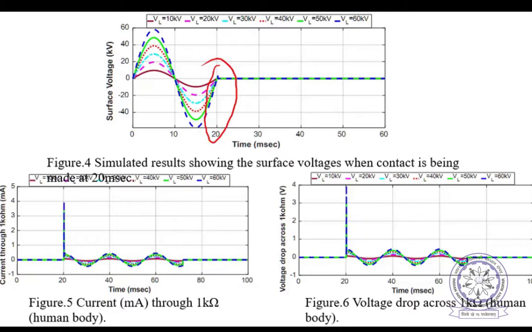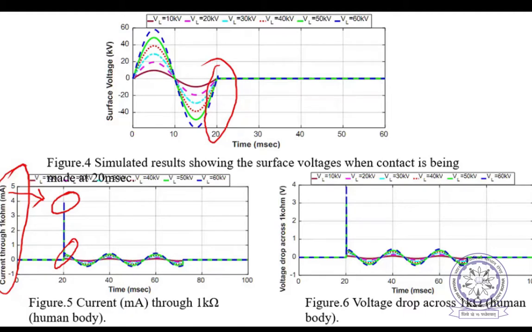When the switch is closed, you can see this is the current through that 1 kilo ohm, meaning the current through the human being. You can see the maximum is just 4 milliamperes. And then immediately after that, this is the transient period. After some transient, the current comes to almost zero.